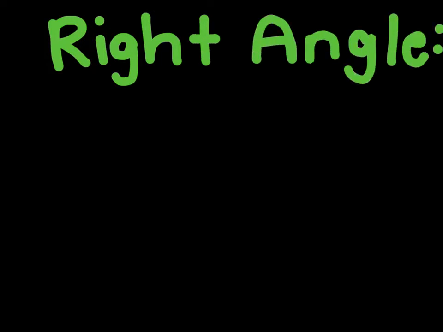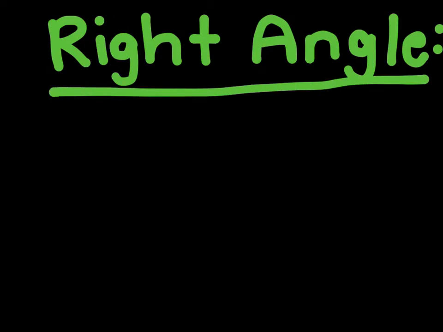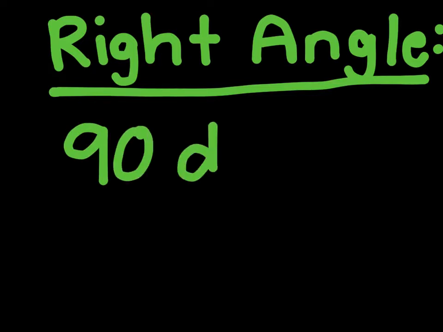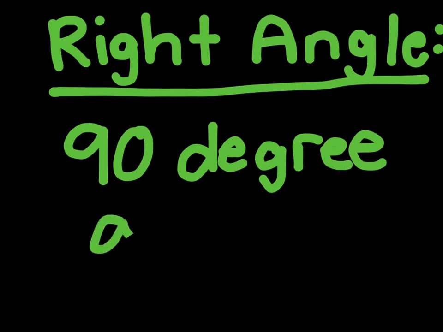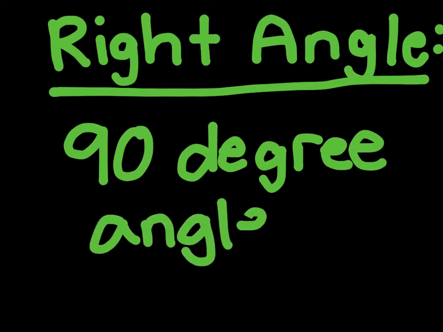Okay, so a right angle is an angle of 90 degrees. It is a 90-degree angle. On the next slide I'm going to show you guys what a right angle exactly looks like.